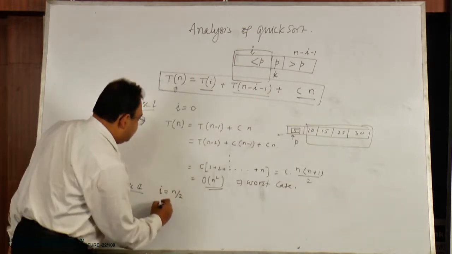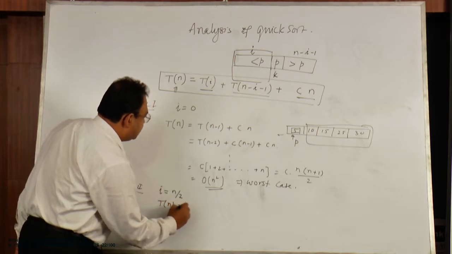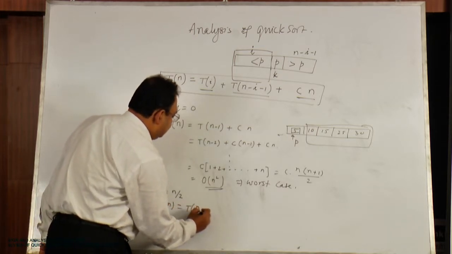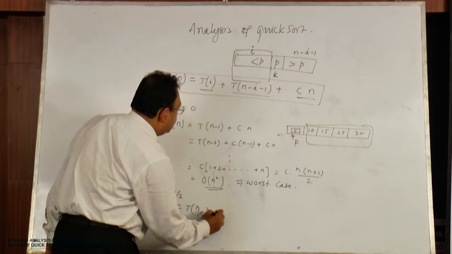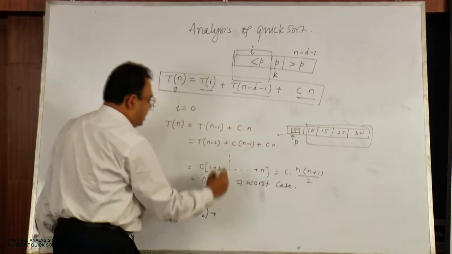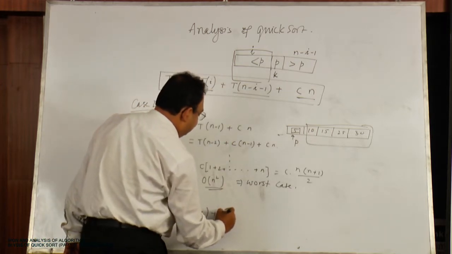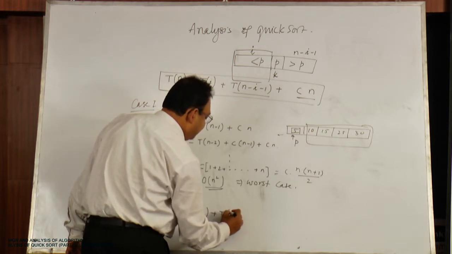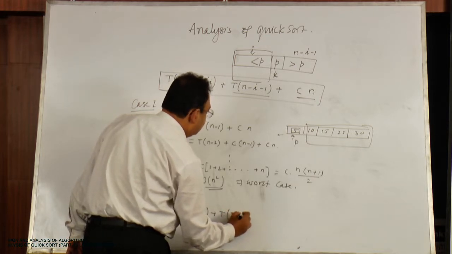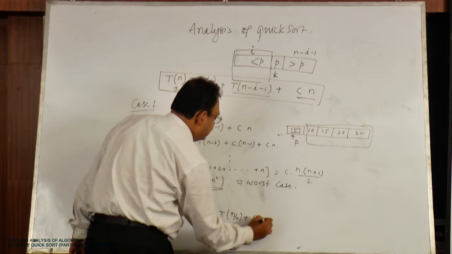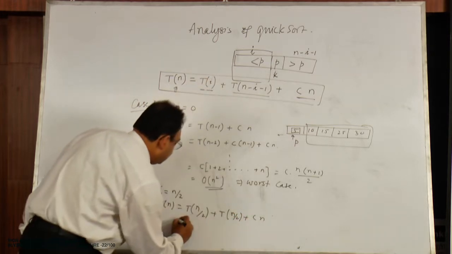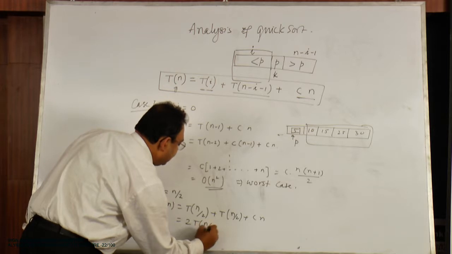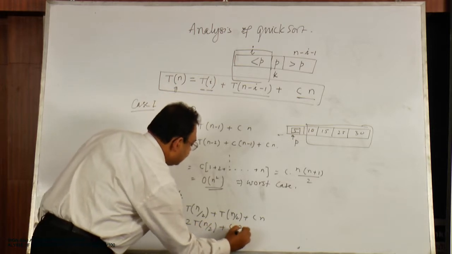So, this recurrence can be written as T(n) is equal to T(n by 2) plus T(n by 2) plus cn. So, this is nothing but 2T(n by 2) plus cn.